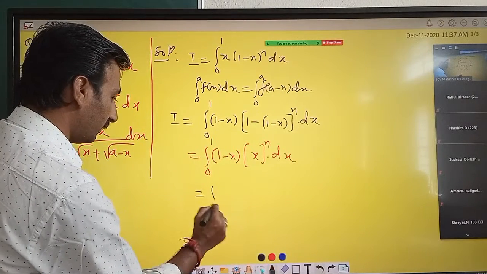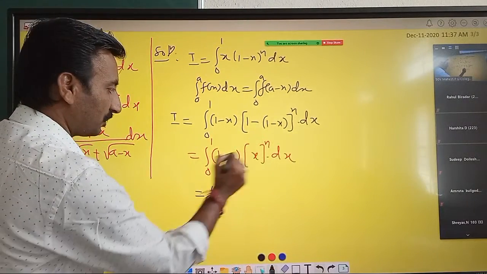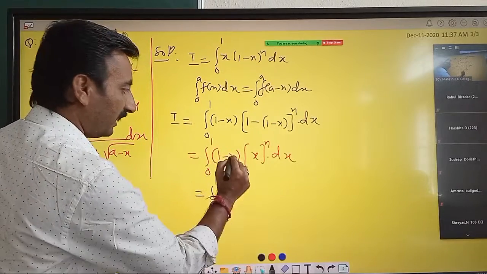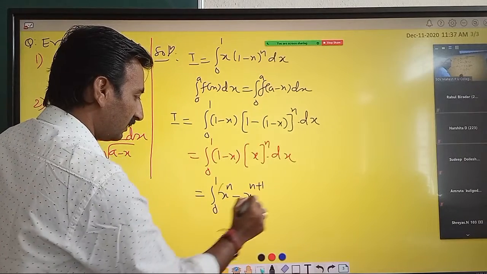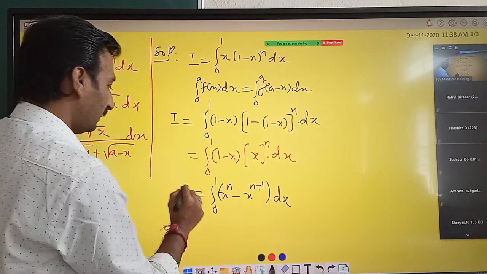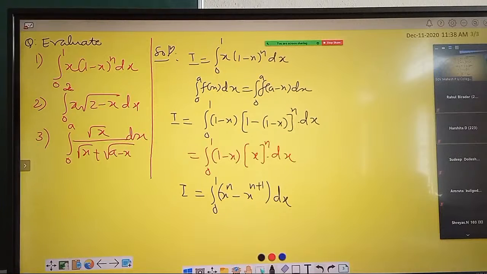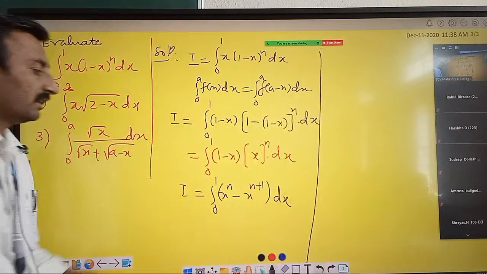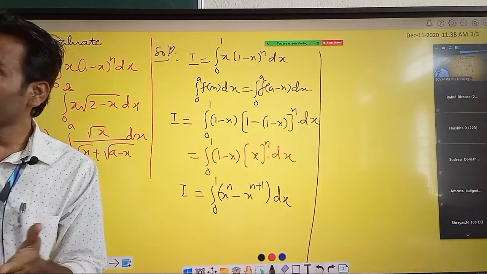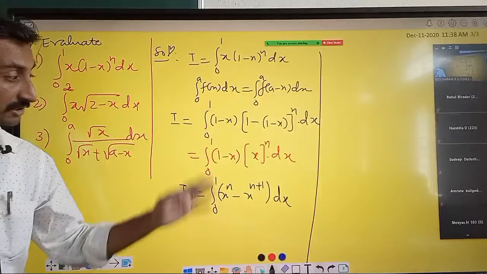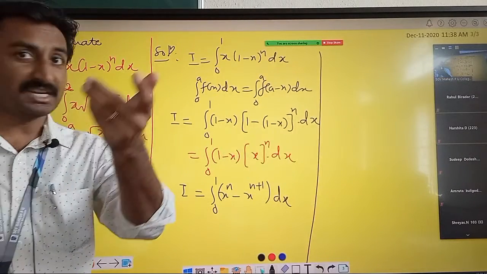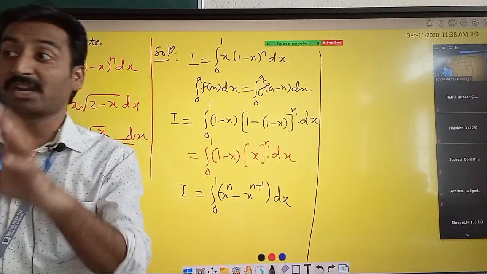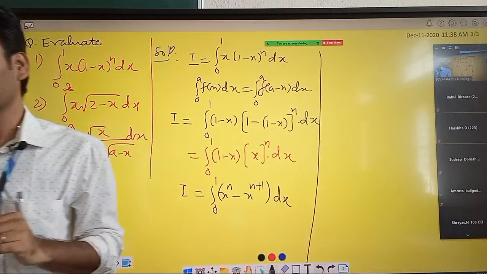It is nothing but integral from 0 to 1 of x raised to n into 1 is x raised to n, minus x into x raised to n is x raised to n plus 1, all with respect to x, and on the left side I have I. So finally, the integration of x raised to n you know very well. But x raised to n plus 1 is difficult for us. Correct? x raised to n I can integrate easily, but x raised to n plus 1 is very difficult for me. Correct?